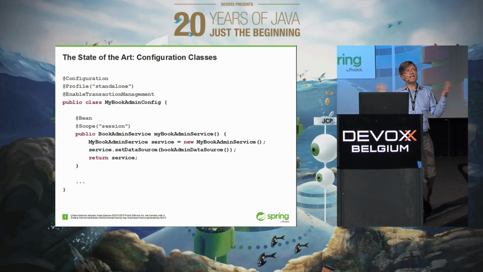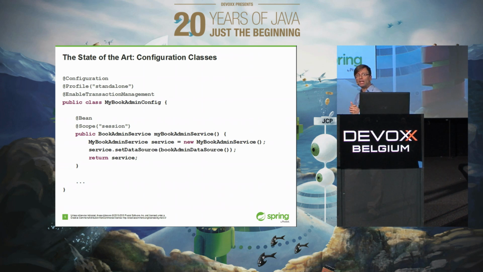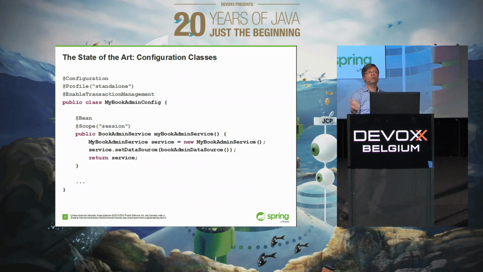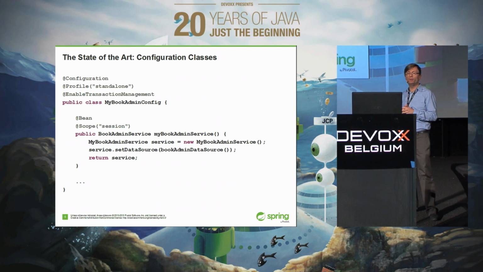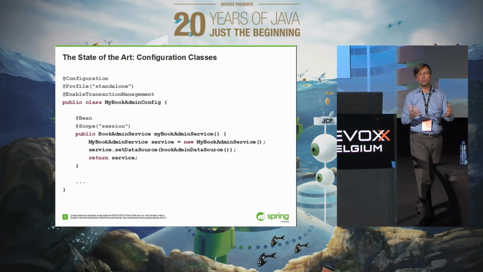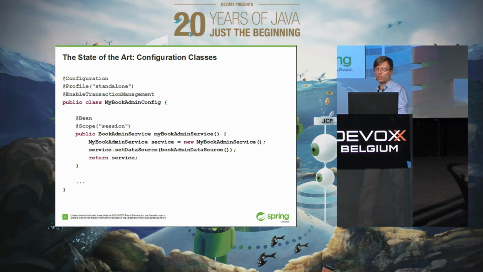The condition model is extensible. Boot makes heavy use of that. It doesn't have to be as static as reacting to a profile setting. And @Enable is a freely composable model. You can build your own @Enable annotations. Spring Boot, in particular, ships quite a few of its own @Enable annotations, but it's all built on the core Spring Framework configuration class story.